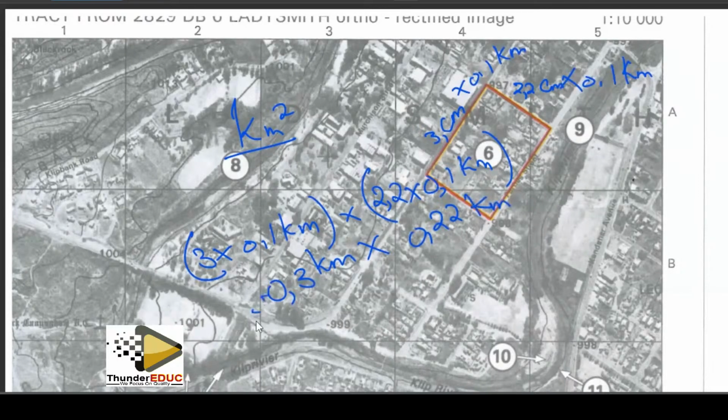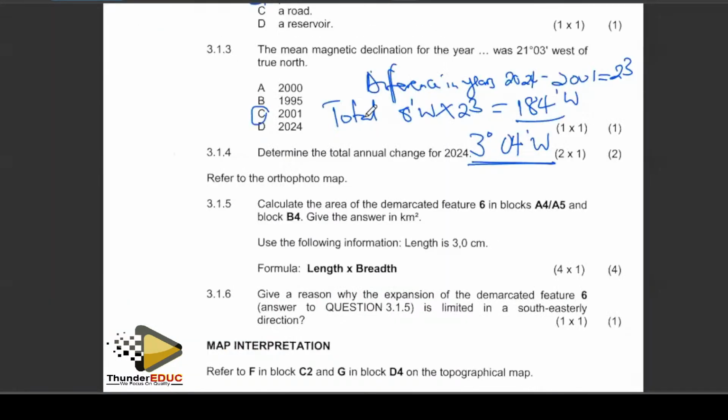So we multiply the two to now get our answer in square kilometers. 0.3 times 0.22 is going to give us 0.066 square kilometers as our final response. So the trick is you must measure accurately and you must convert using the correct scale of the map and do the accurate calculation. Right.